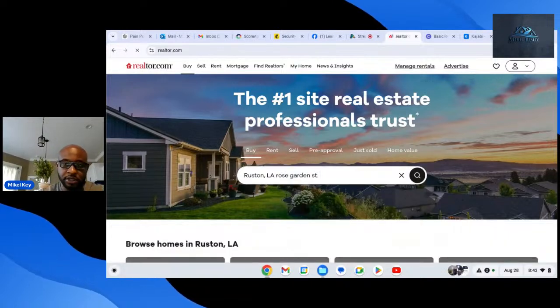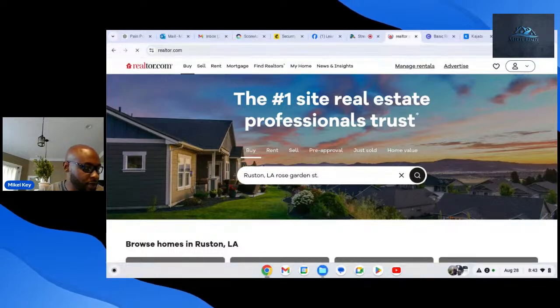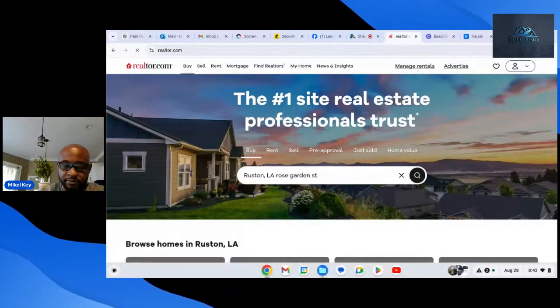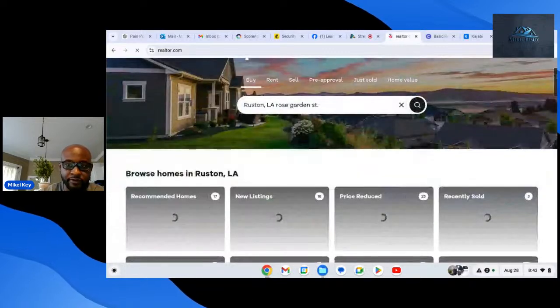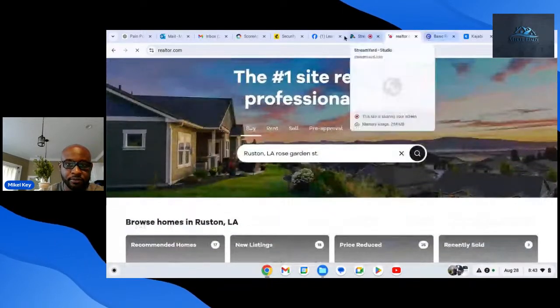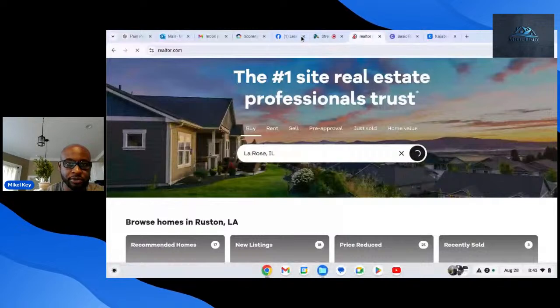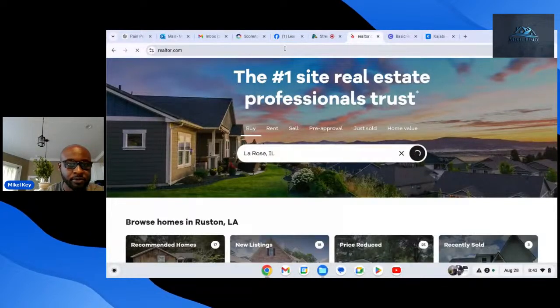That's the street that I live on. I'm going to look for some properties that have recently sold. We're going to make this extremely simple.